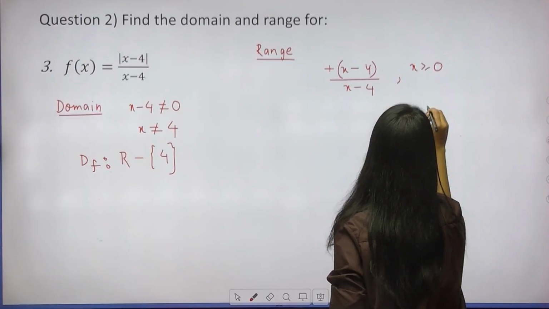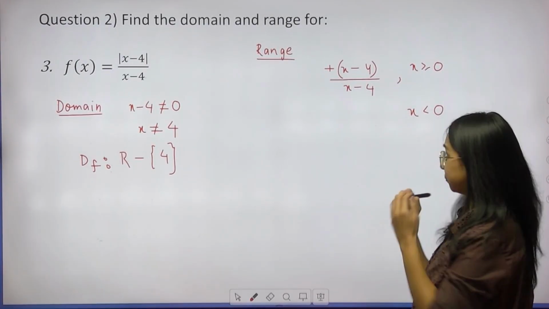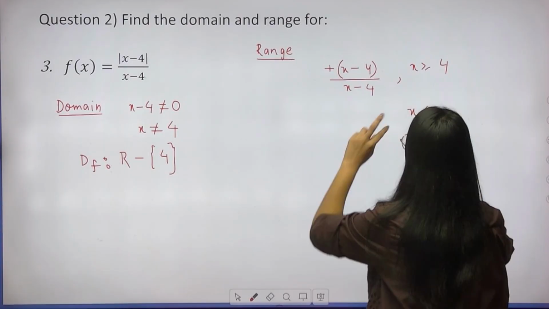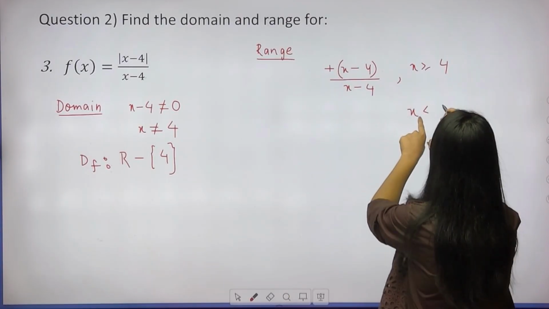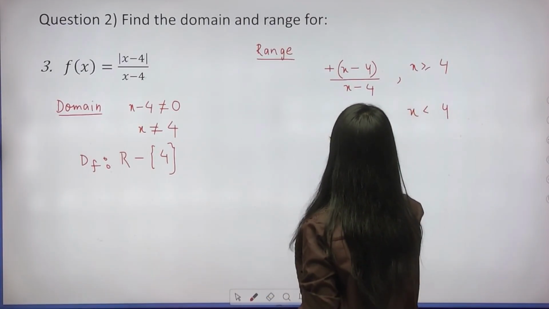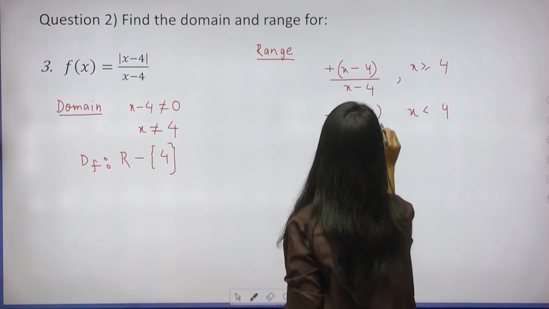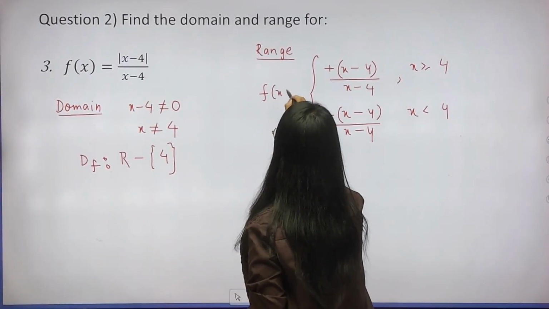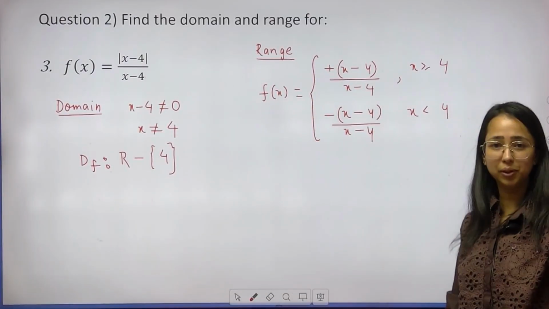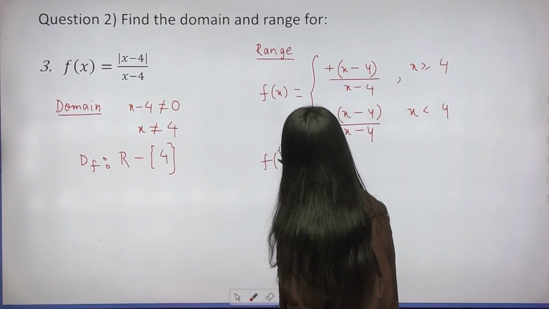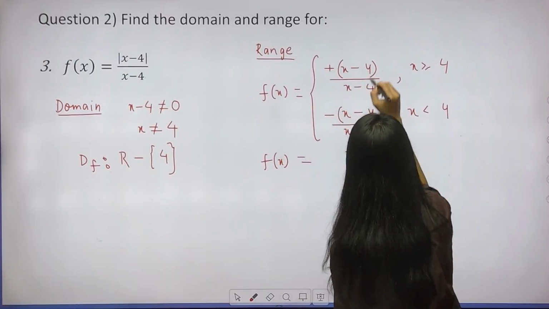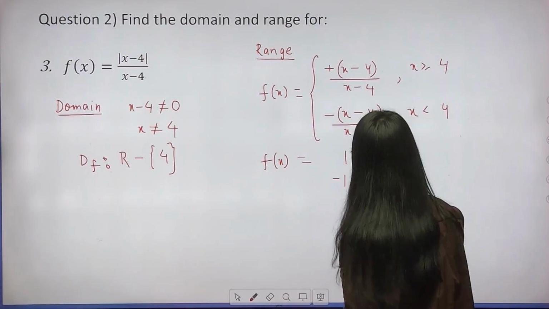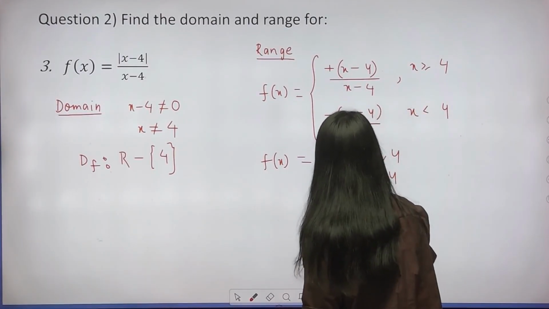And when x is less than 4, we get a negative of x minus 4 over x minus 4. So these two will be the f of x of this particular function, which makes f of x equal to 1 when x is greater than or equal to 4 and minus 1 when x is less than 4.